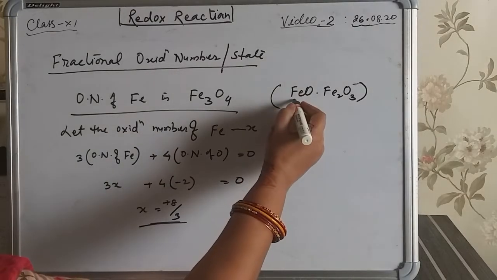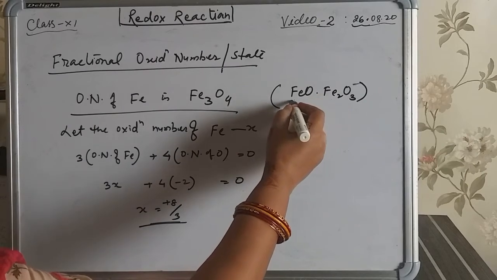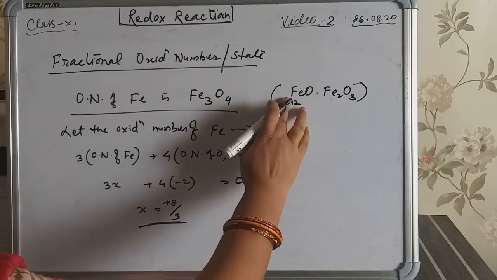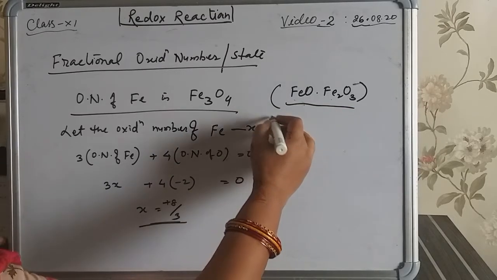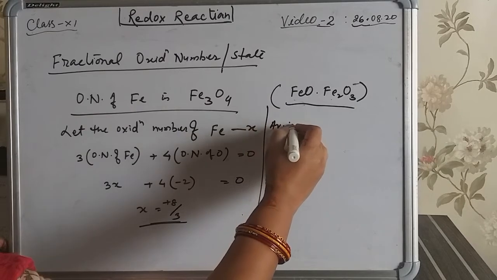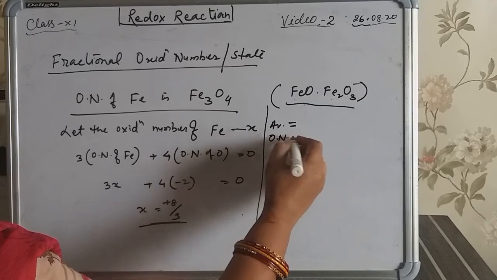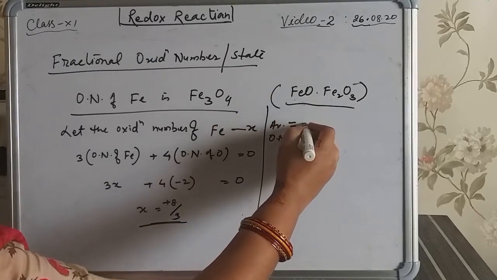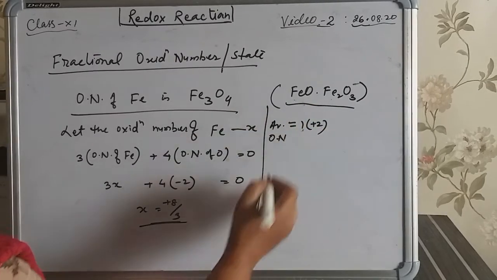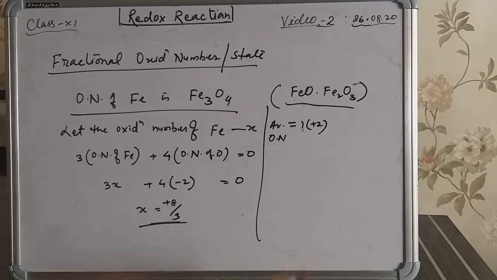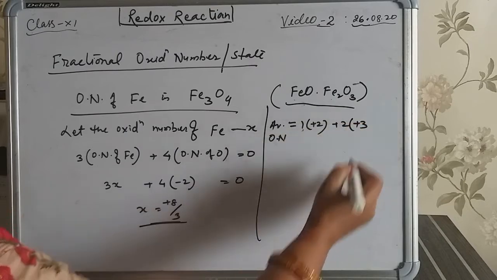Suppose this is plus 2, this is plus 3, and this is plus 2. If we find out the average oxidation number, one Fe is in the plus 2 state and the other 2 Fe are in the plus 3 state.